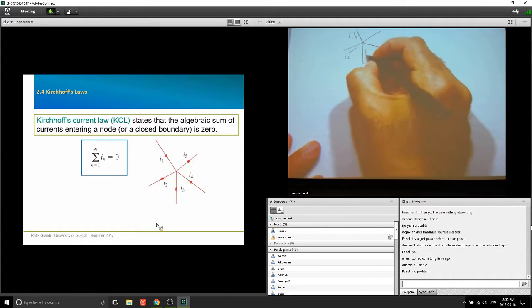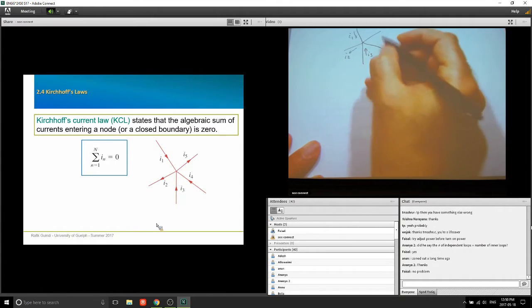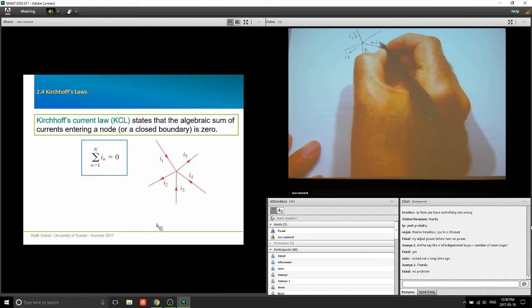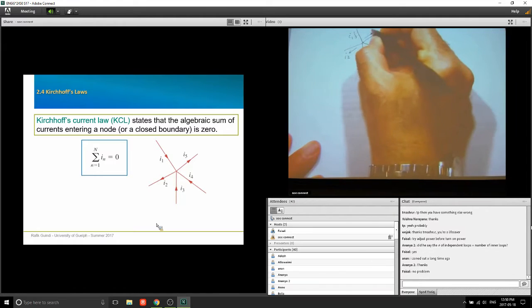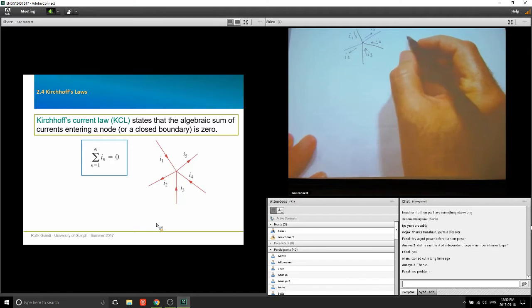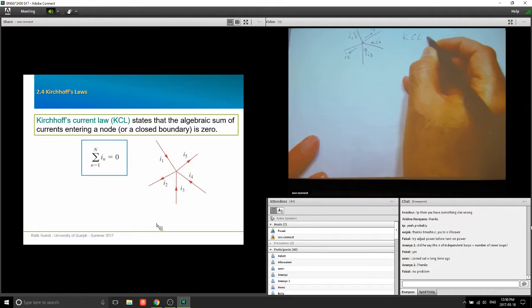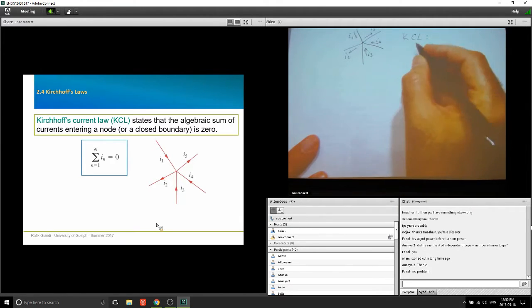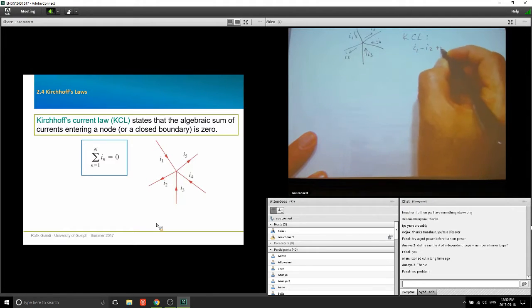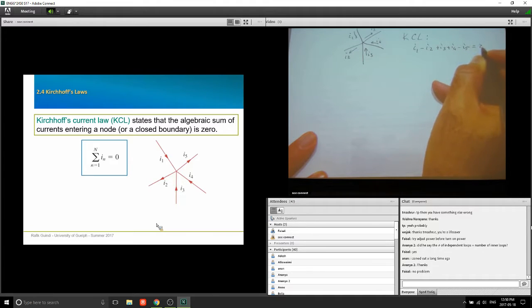Current I3 is entering. I4 is entering. And I5 is leaving the node. So Kirchhoff's current law would say that I1 minus I2 plus I3 plus I4 minus I5 equals 0.